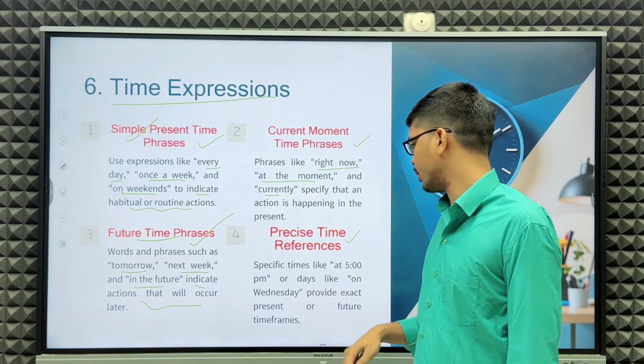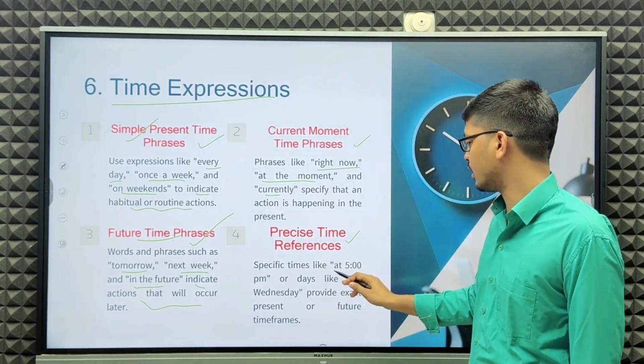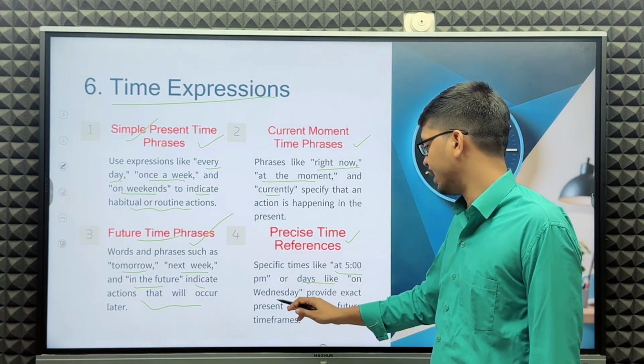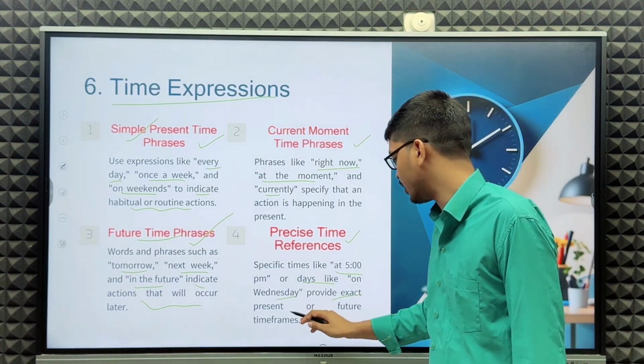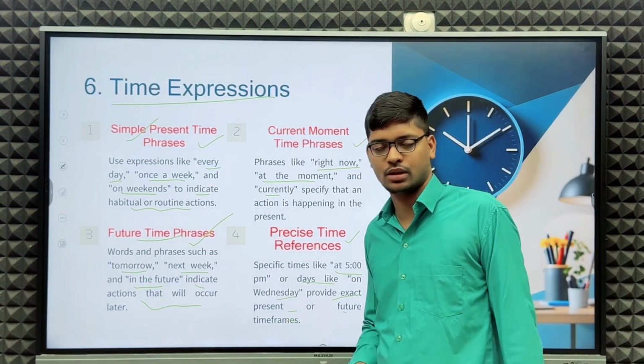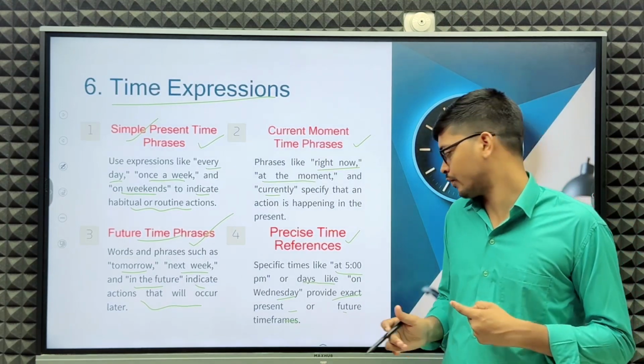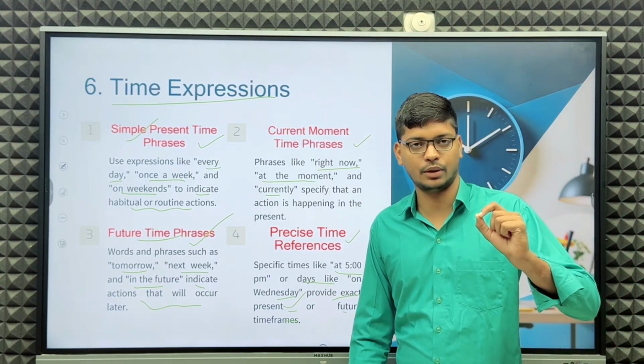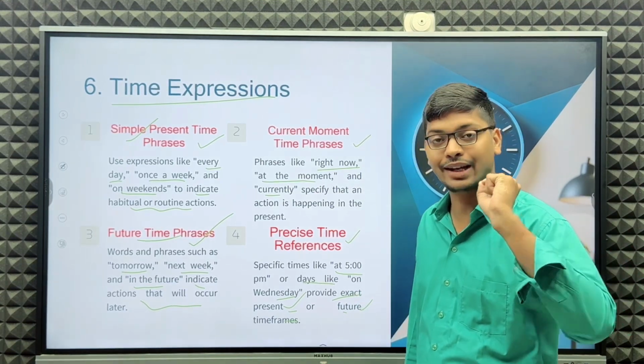Okay, precise time references. Specific times like at 5 p.m. or on Wednesday provide exact present or future time frames. It provides fixed or exact times.